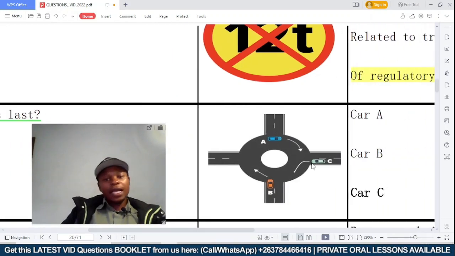Is it car A, C or B? Just by looking at this, you can see that the car that goes first in this roundabout has the right of way, which is car A. Why? Because it is already circulating, and the rule says give the right of way to the car that is already circulating. So the car that goes last is definitely not car A.